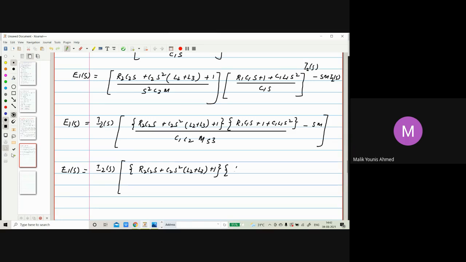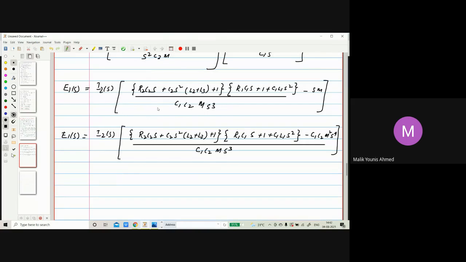Second, R1 C1 s plus 1 C1 L1 s square, the second term is also over. Now we'll include the third term. That will be C1 C2 M square s4. M square you can very clearly see. Everything I have multiplied, so that will come out complete, and that will be the denominator now. Denominator will be C1 C2 m s cube. So up to here there is no problem.